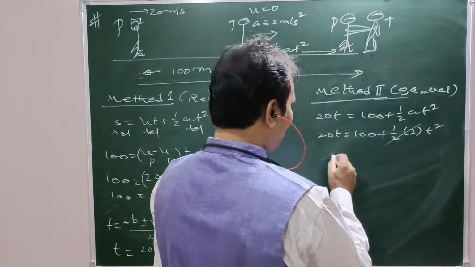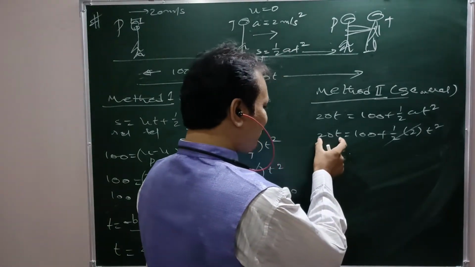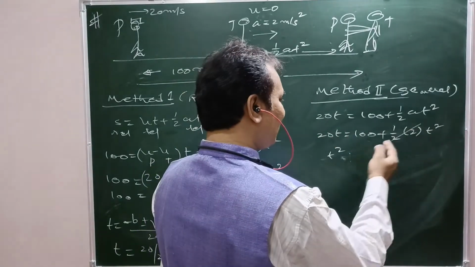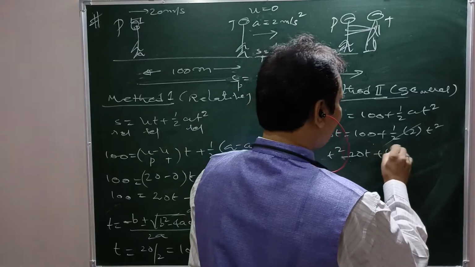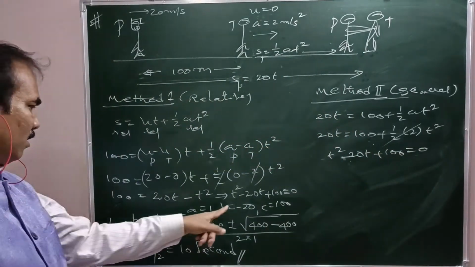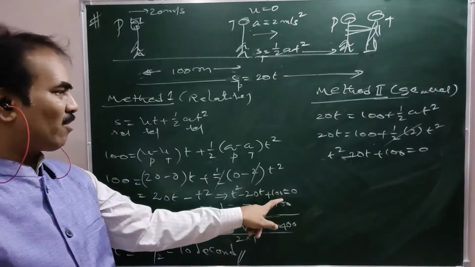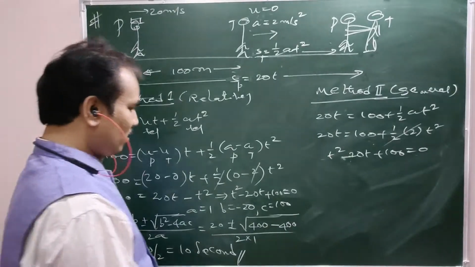Carrying 20t onto the right-hand side, that is t square minus 20t plus 100 equals 0. Is it the same expression or not? From here onwards, the solution will be the same.